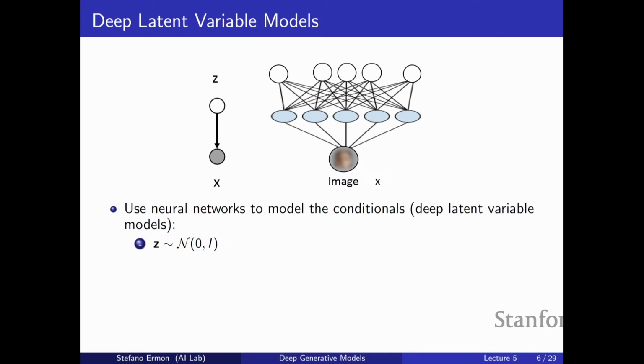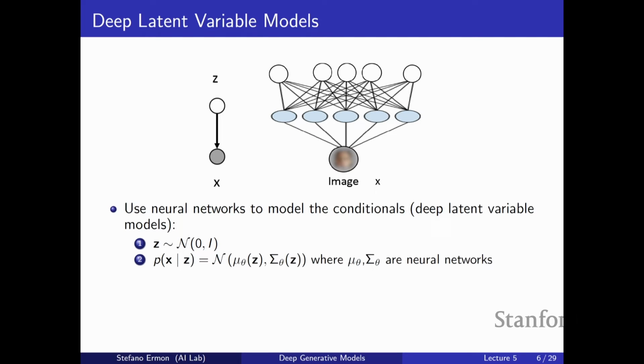What we're going to do is still keep that structure where we have a set of observed variables x and latent variables z, but we're not going to have anything interpretable in terms of how the random variables are related to each other or what they mean. We're just going to assume that there is a set of random variables z that are somewhat simple. For example, they might be distributed according to a simple Gaussian distribution.